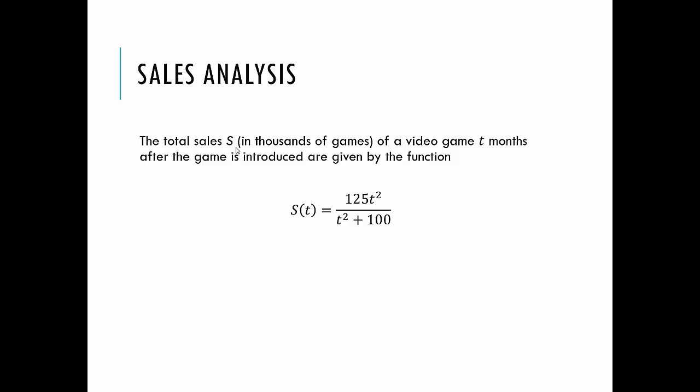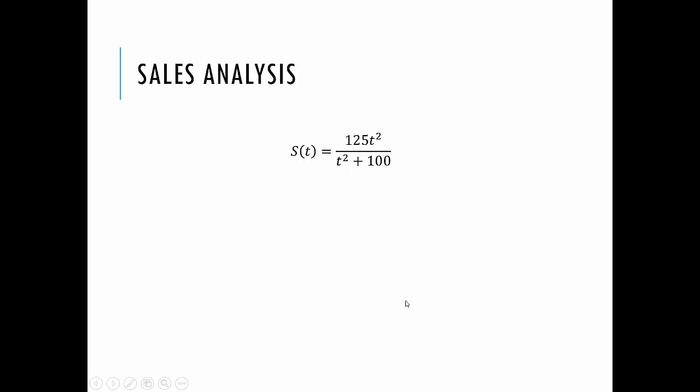The total sales S, in thousands of games, so we're selling video games, T months after the game is introduced, are given by this function. So total sales T months after the game is introduced. Find the derivative. That's quotient rule, right? That's a quotient. So to find the derivative, I'm going to leave the bottom alone times the derivative of the top, 2 times 125, 250.